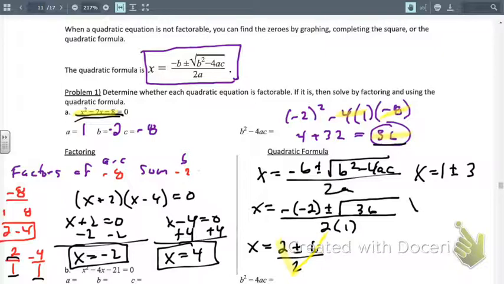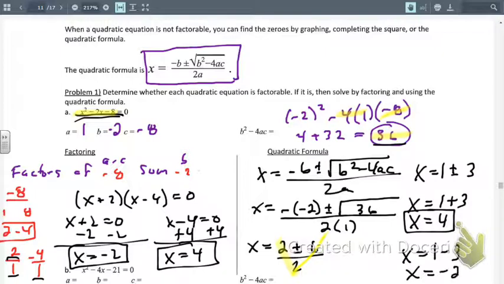So the equations we have are x equals 1 plus 3 and x equals 1 minus 3. So that will yield answers of x equaling 4 and x equaling negative 2. We get the same answers using the quadratic formula as we did factoring.